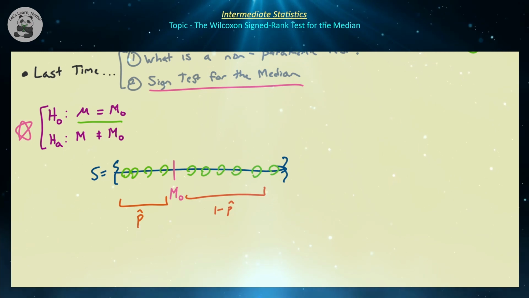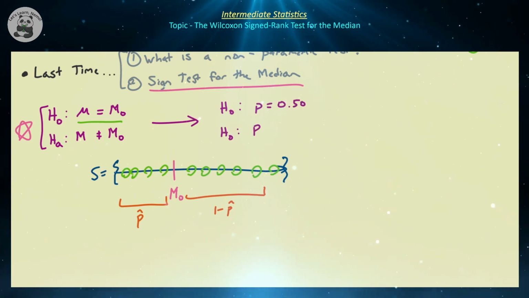From this perspective, that's the same thing as saying H0: p is equal to 50%, and H1: p is not equal to 50%. Then we can say that's just a test on a proportion, and we can do, say, a Wald, a Wilson score, or a Clopper-Pearson test on that hypothesis, and then conclude accordingly.